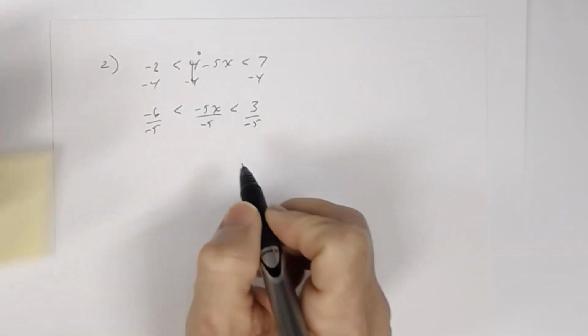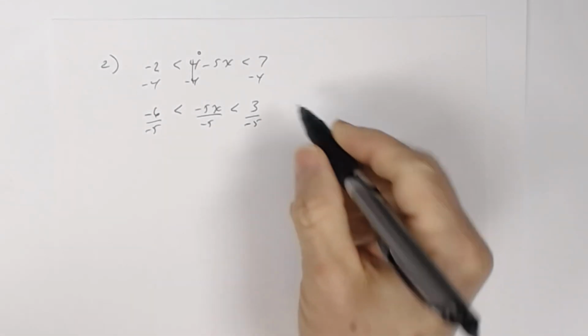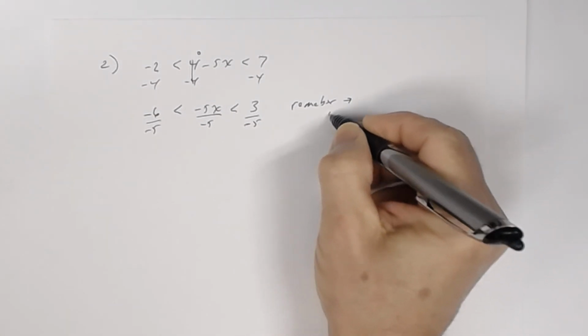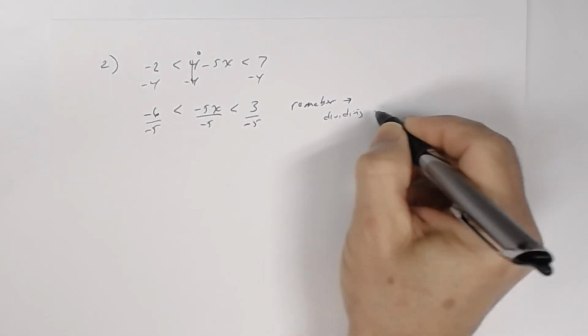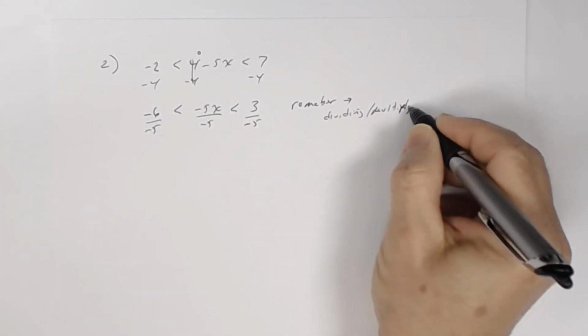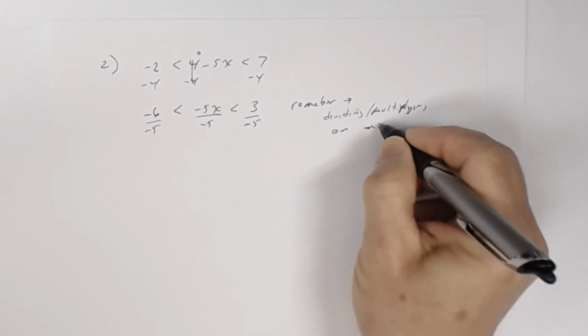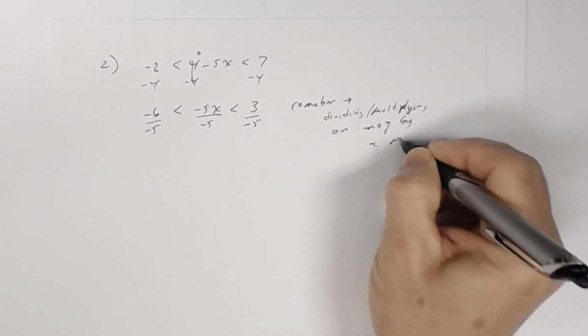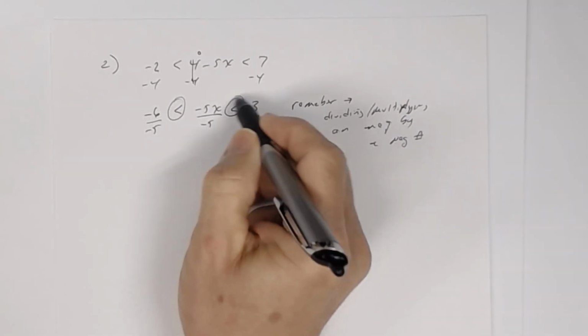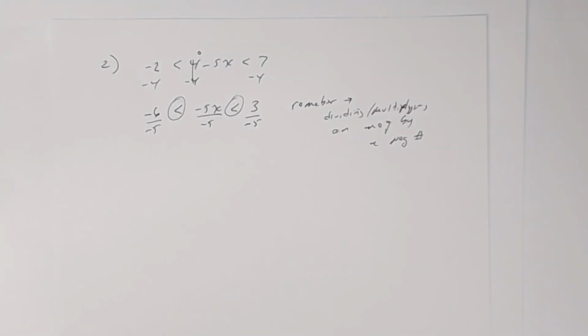Now, here's the thing you have to remember: you are dividing or multiplying an inequality by a negative number. You learned previously that whenever you divide an inequality by a negative number, you must change the inequality symbols. You must reverse them. So now what I have is this.